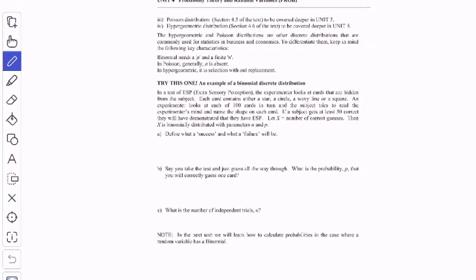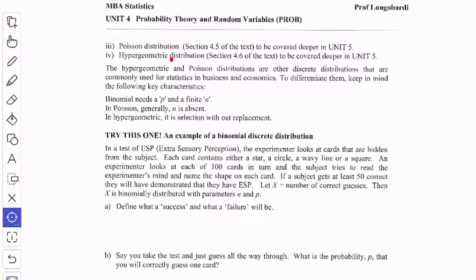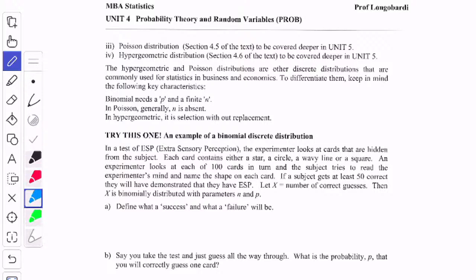There are other distributions with a form where there are parameters, and with those parameters and meeting certain criteria, you can derive probabilities. One example is the Poisson distribution, and the other is hypergeometric. I'm not going to test you on these distributions, but I have exercises in Moodle where you get to practice.